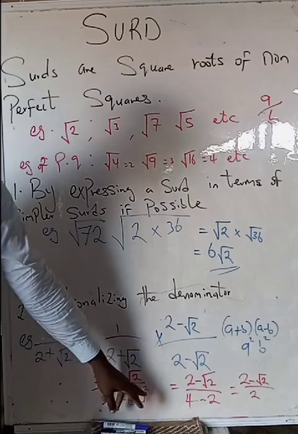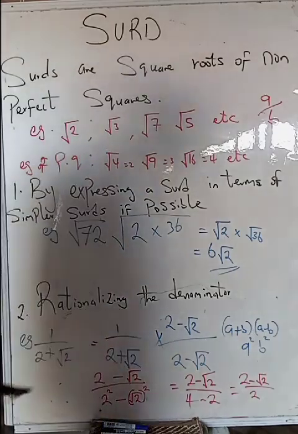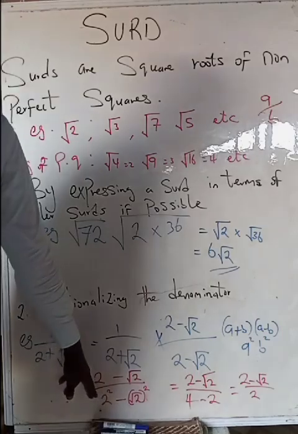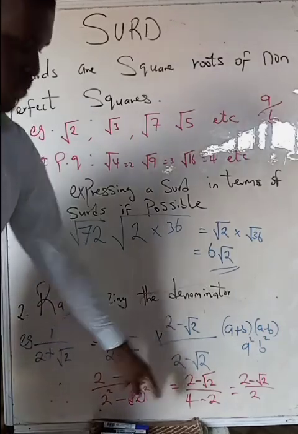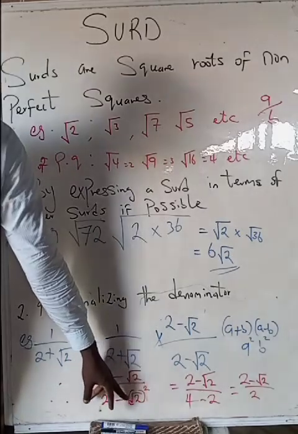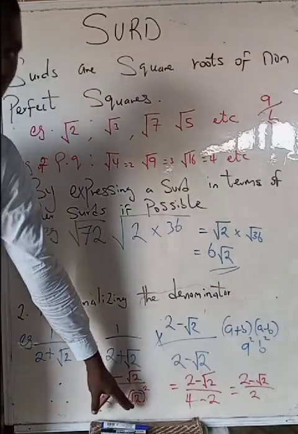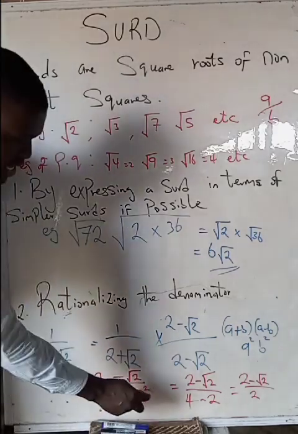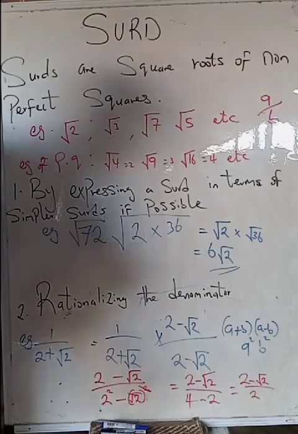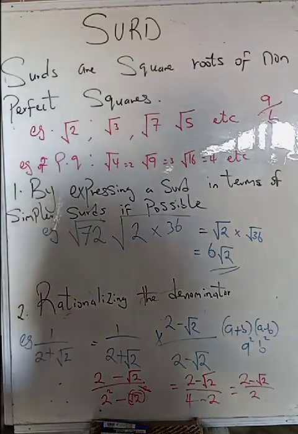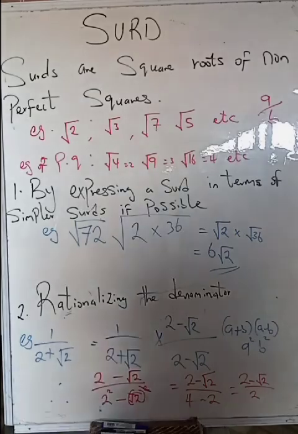I put the square root of 2 square in brackets so that we don't mix things up. So this will give us 4. Then for this square, we cancel the square root, and 2 is left alone. So we have 4 minus 2. Our final answer is 2 minus square root of 2 all over 2.